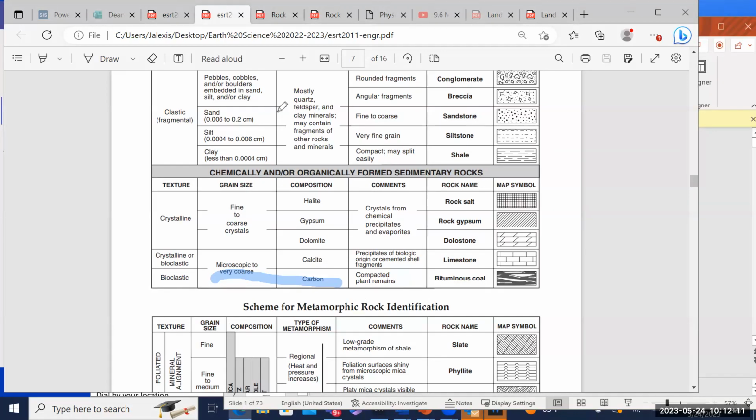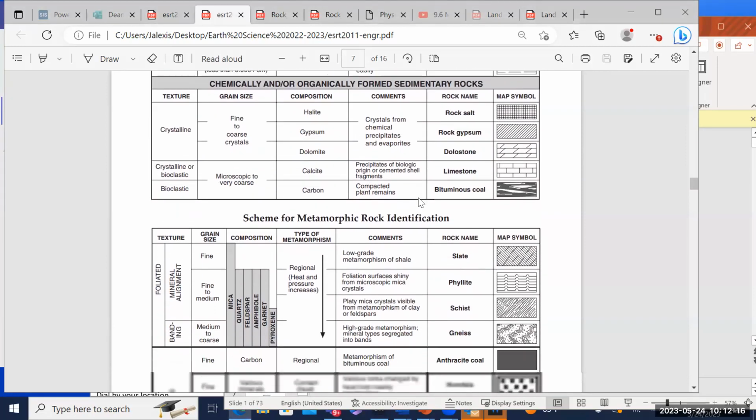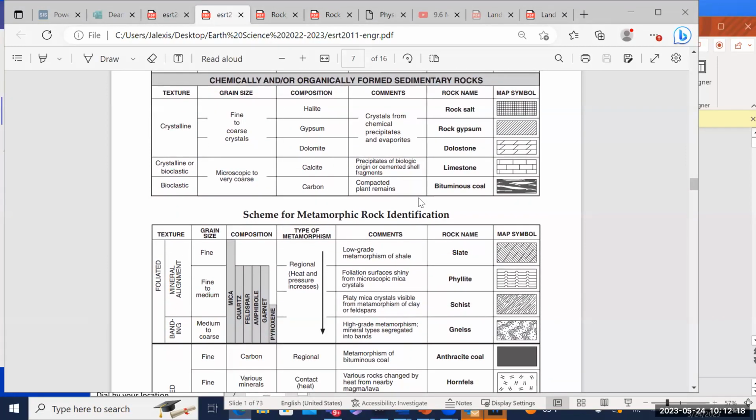And how do I even know this? If you take a look at page 7, we see what happens to shale when it goes through metamorphism. When it goes through metamorphism, it turns into slate.